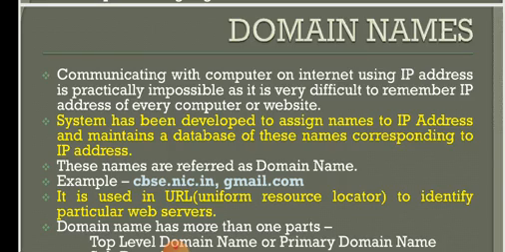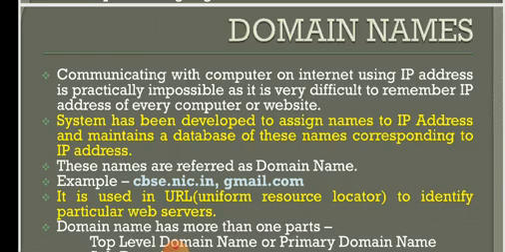Now we'll have a contact list. In that contact list, we'll have names corresponding to phone numbers. Similar to that, these names are referred to as domain names. In our contact list, the names are called contact names, but here they are domain names.